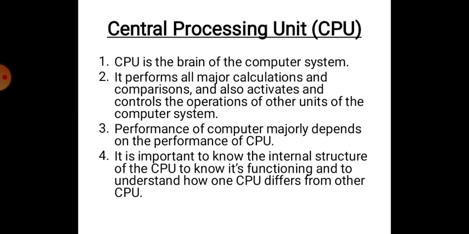Students, the CPU consists of 2 parts, the arithmetical logical unit and the control unit. The arithmetic logic unit carries out calculations and comparisons, and the control unit controls and activates all the parts of the computer system.